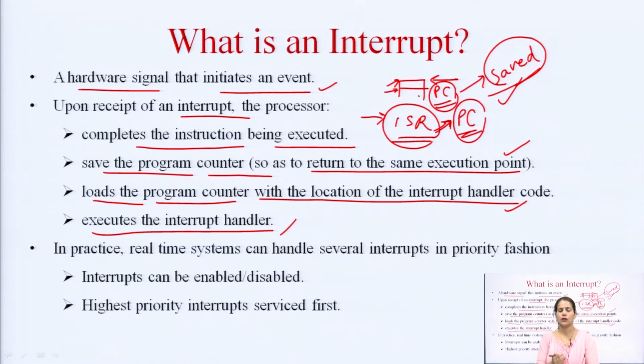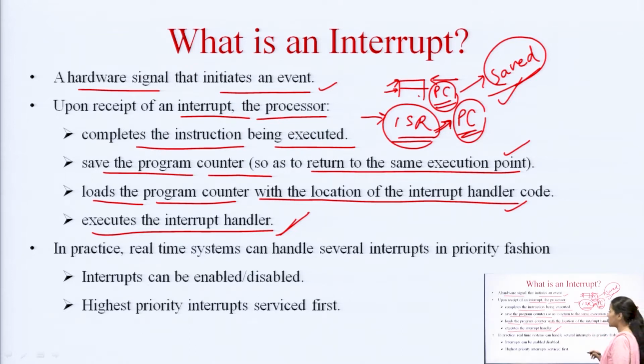So, since the memory location of the interrupt service routine is saved to the program counter, the routine that is written in the interrupt service routine will be executed, and then after the return from that ISR, it will go to the main program, and the main program will again be executed from the place where it has been left off. So, this is the whole process which is executed when some interrupt occurs to the processor.